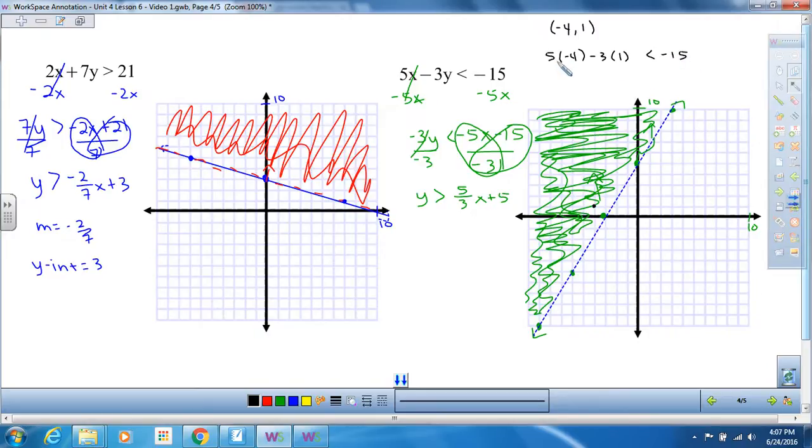So that's -23. Well, -23 is less than -15. Yeah, that's true. So that's just an example. All of these points in the shaded region are true for that inequality.